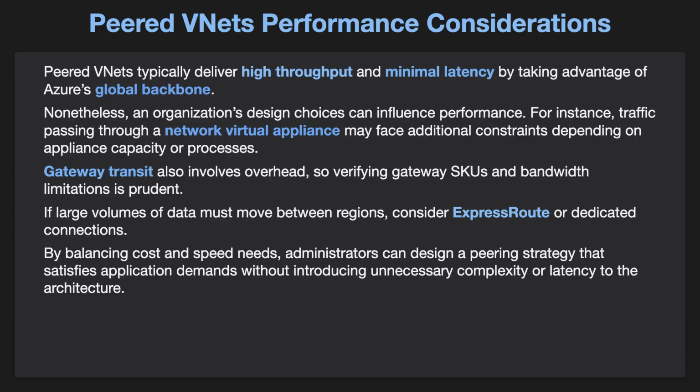Gateway transit also involves overhead, so verifying gateway SKUs and bandwidth limitations is prudent. If large volumes of data must move between regions, consider ExpressRoute or dedicated connections. By balancing cost and speed needs, administrators can design a peering strategy that satisfies application demands without introducing unnecessary complexity or latency to the architecture.